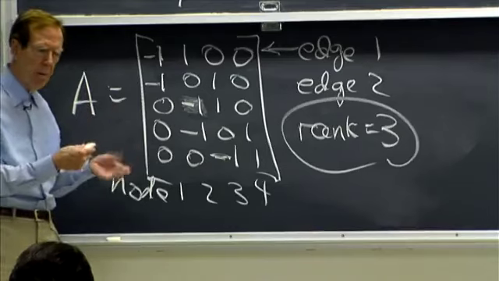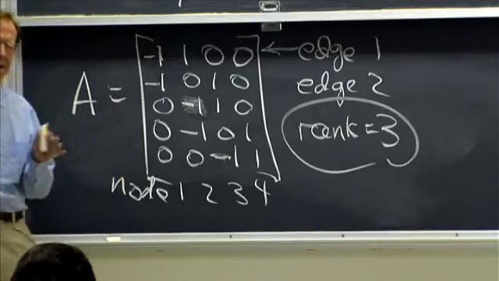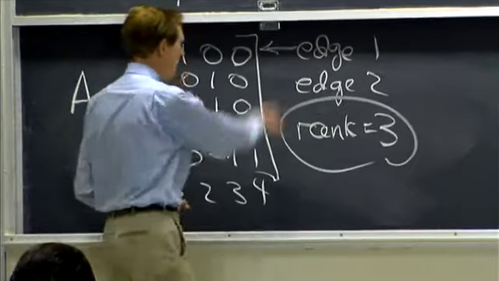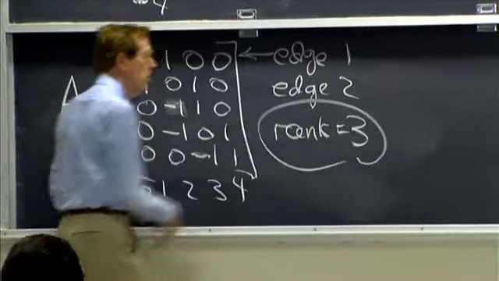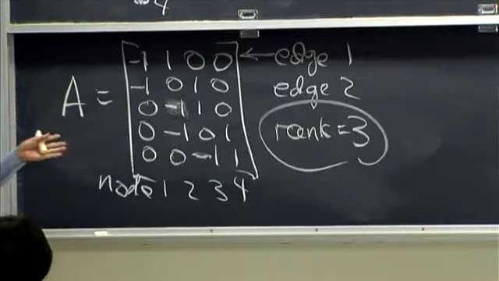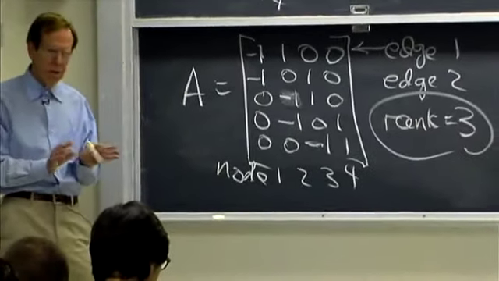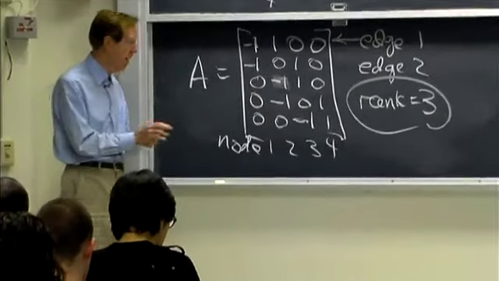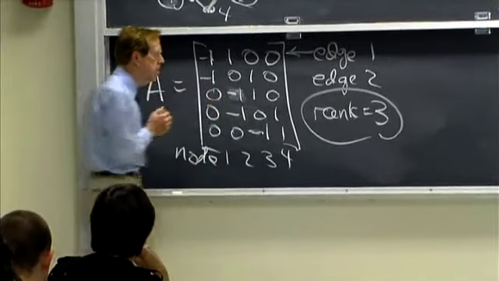It tells you how big the matrix really is. If I pile on a lot of 0 columns or 0 rows, the matrix looks bigger, but of course it isn't truly bigger. The core of the matrix is just 3.